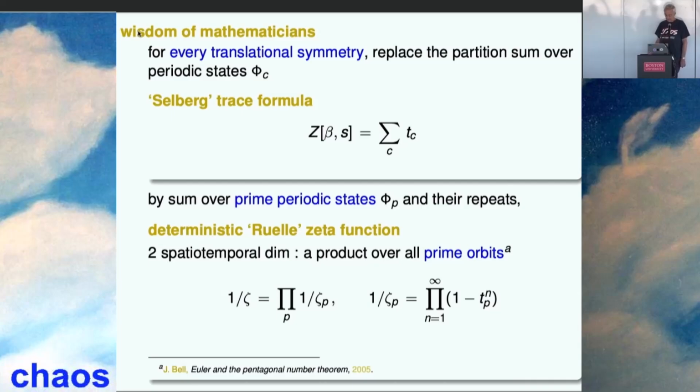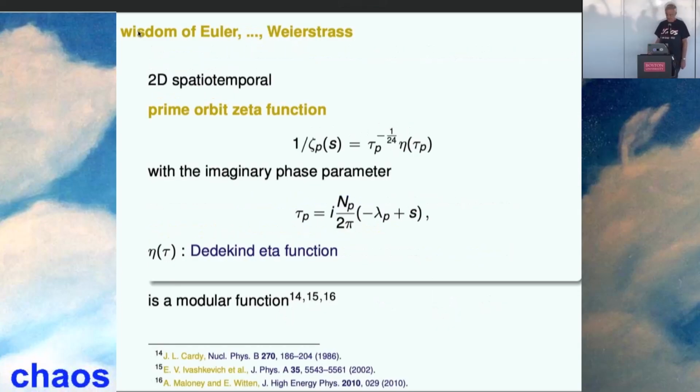And it was actually discovered by Euler in 1882, this particular one in 2 dimensions. And it was hard to evaluate, so for about half a century, people developed the theory of elliptic functions. So it turns out for each prime orbit, this zeta function has a name. It's called the Dedekind zeta function. And it's a modular function.